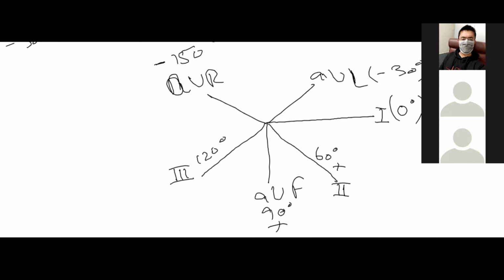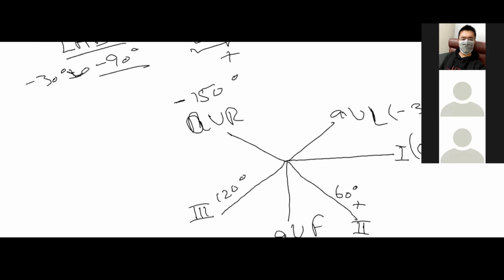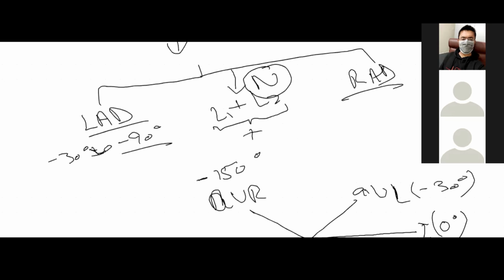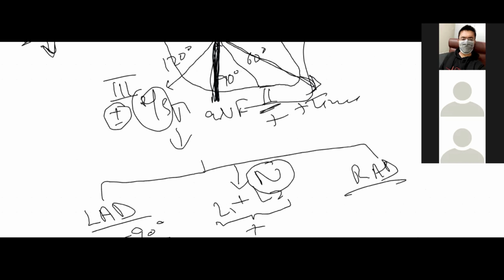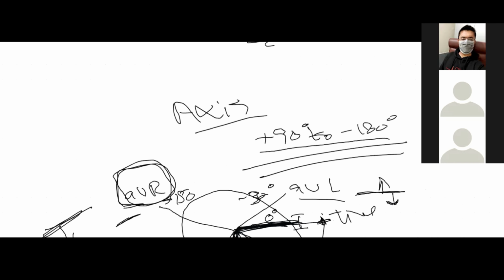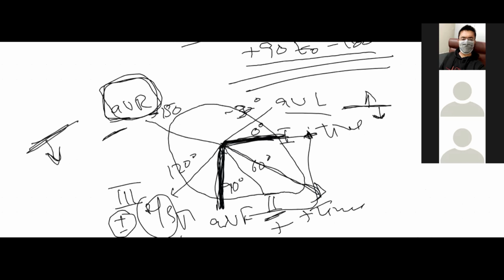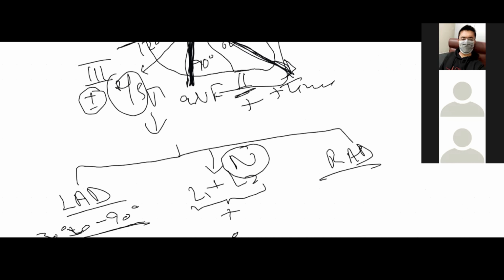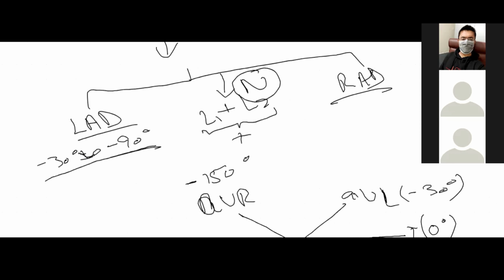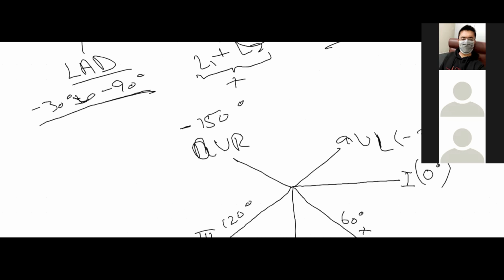So we were discussing left axis deviation. The axis of the heart, which lay somewhere between plus 90 and minus 180, is shifted towards minus 30 to minus 90. So what will happen?